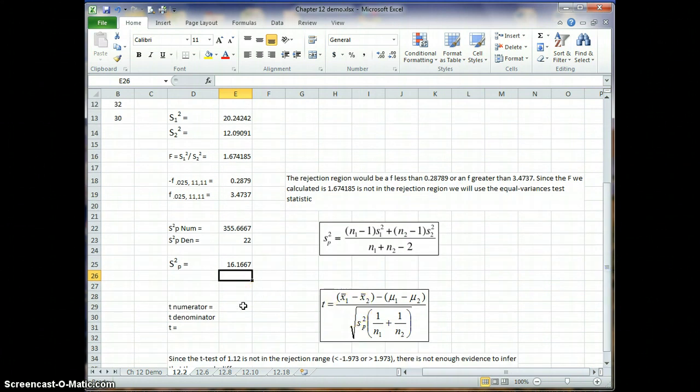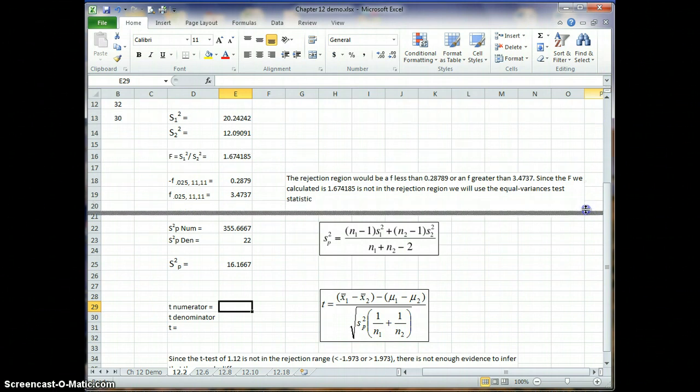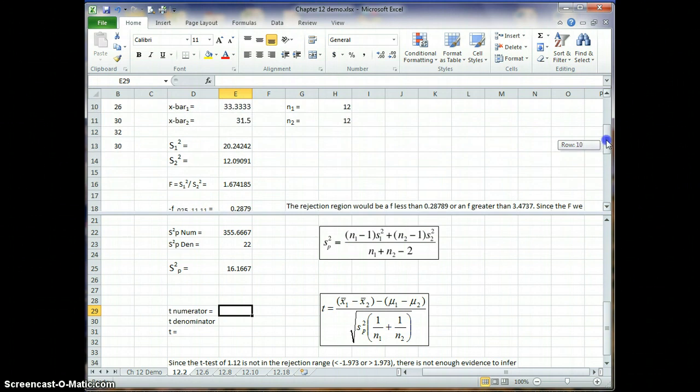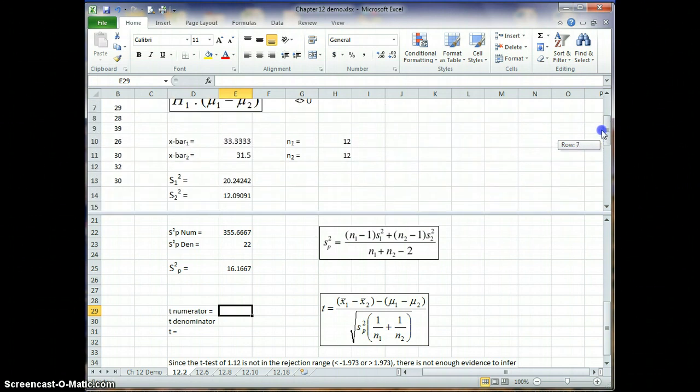So let's calculate the numerator here first, and I'm going to go up here in the corner and do a split screen. I click up there and drag this down, and now I can move this around a little bit so you can see some things higher up, which will make it a little easier to show this.